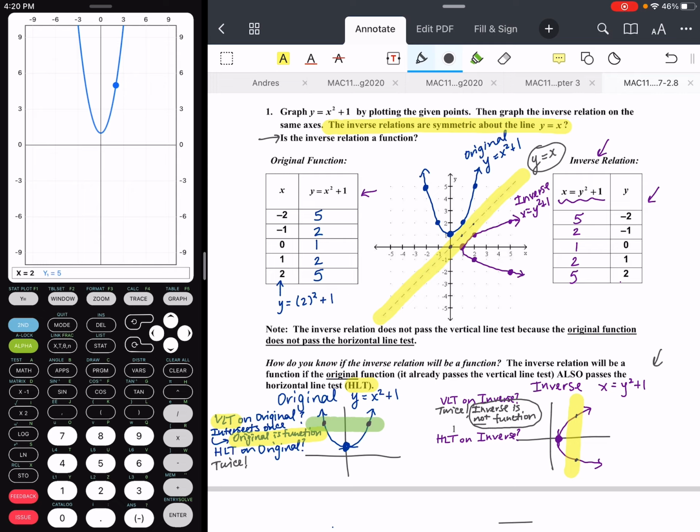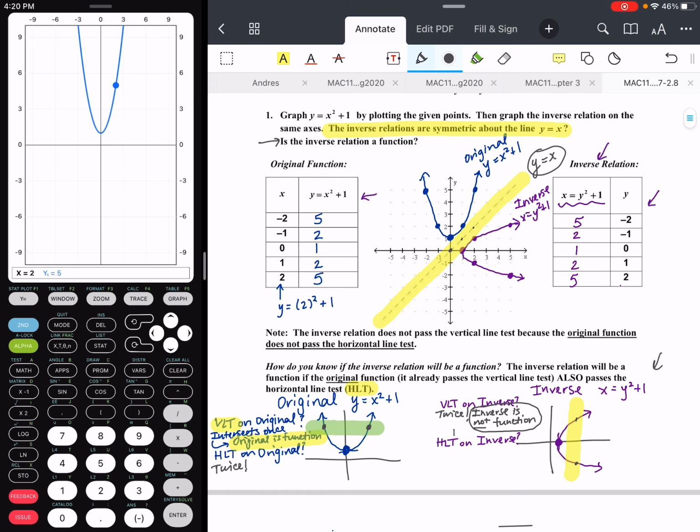So the horizontal line test on the original hits that graph twice. That tells me that when I reflect this across y equals x, into its inverse relation, the inverse relation is not a function. Okay, so you apply the horizontal line test to the original function.